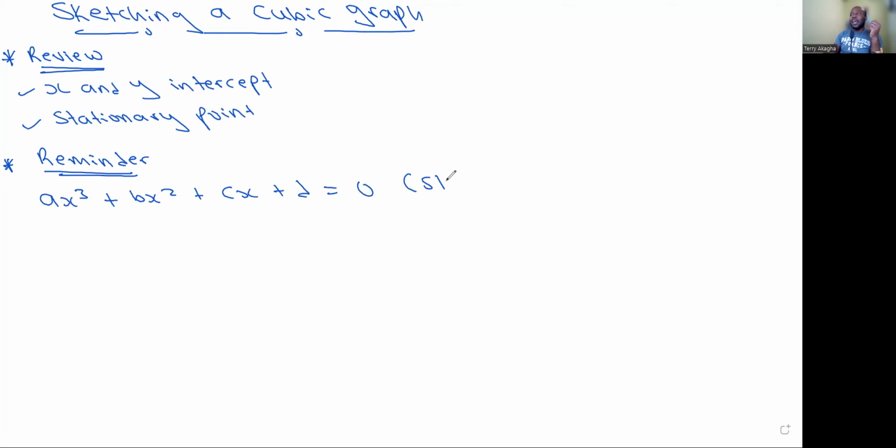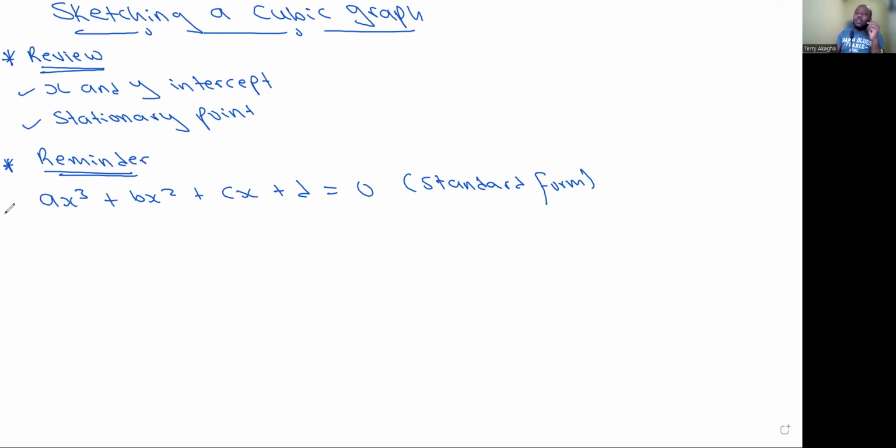So you'll be given a function, for instance, 3x cubed plus 5x squared plus 6x minus 7, and you will be told to sketch the graph. Remember, the key here is sketching, not plotting. We just want to have a rough idea of how the graph will look. It's different from plotting the graph, okay?